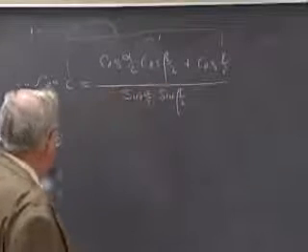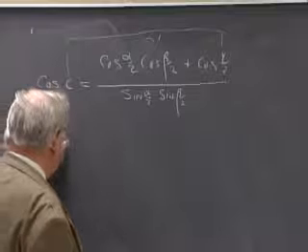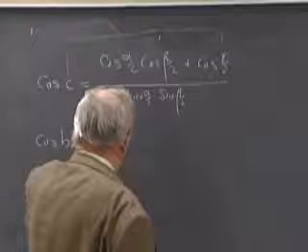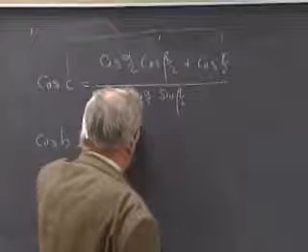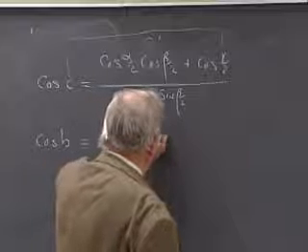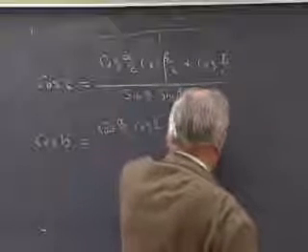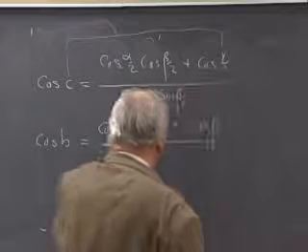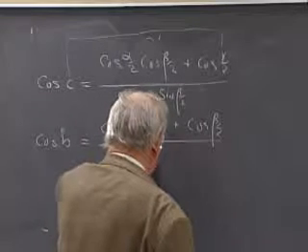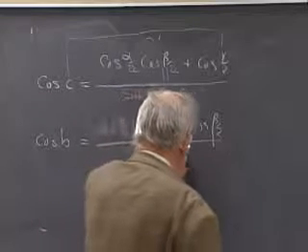And so just permuting terms, one can see that cosine of B is going to turn out to be cosine of alpha over 2 cosine of gamma over 2 plus cosine of beta over 2 divided by sine of alpha over 2 sine of gamma over 2.